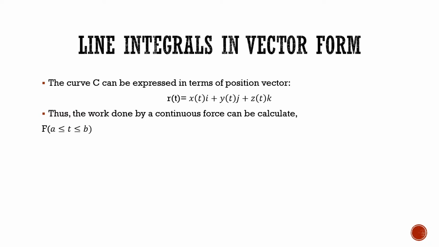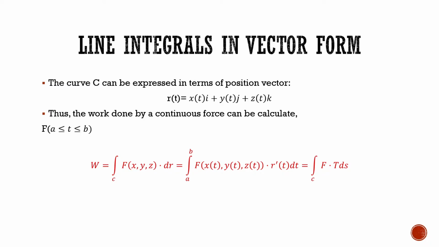Work done by a continuous force can be calculated as work equals the integral over C of F(x,y,z) dot dr, which equals the integral from a to b of F(x(t),y(t),z(t)) dot r prime(t) dt, and can also be written as the integral of F dot its tangential component.